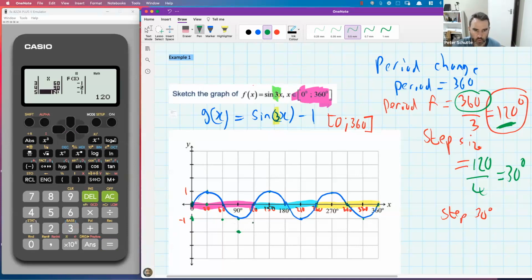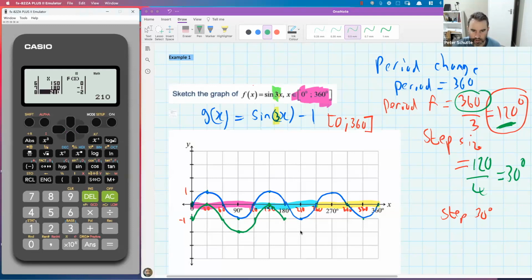I get 120, -1. 150, 0. 180, -1. Let's have a quick look. It does appear that the prediction of it just moving down by 1 is exactly what seems to be happening.